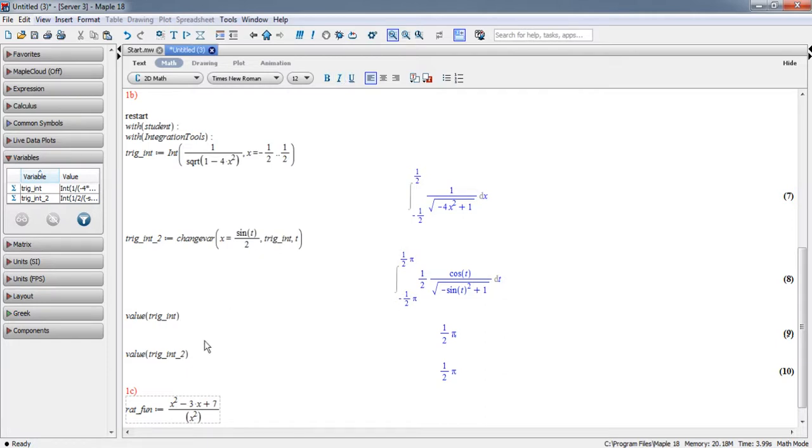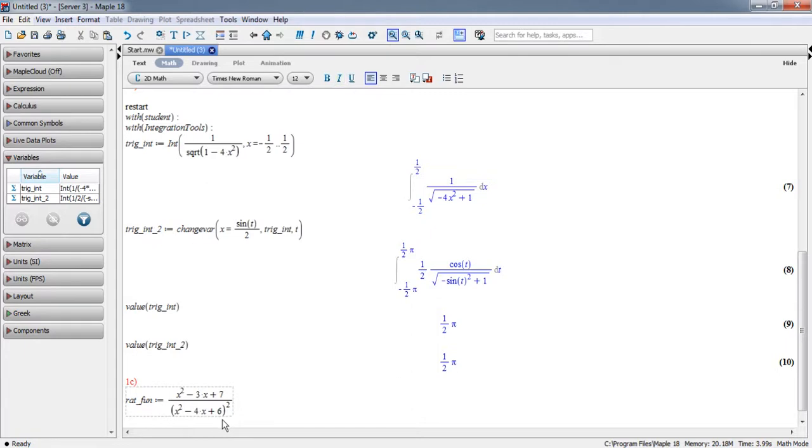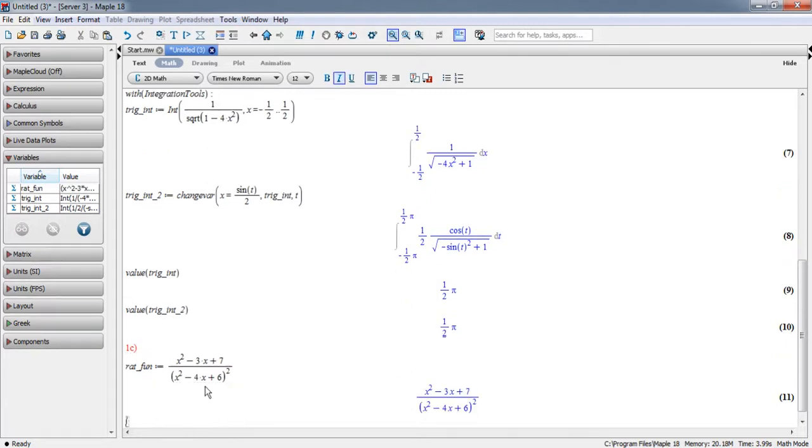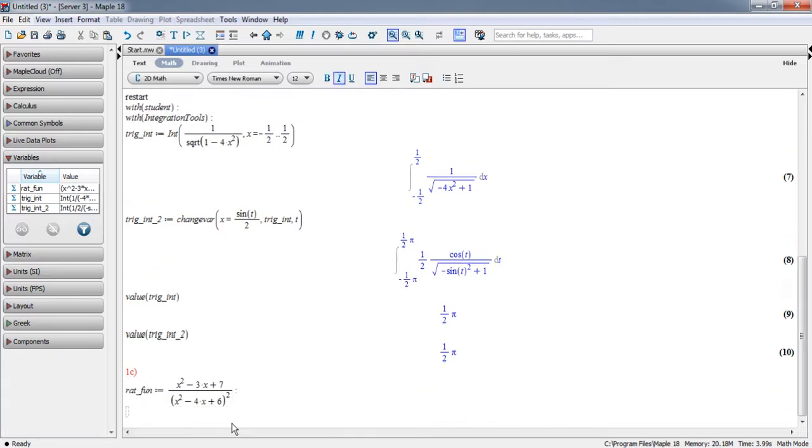So I hit 2 in my exponent. Now I'm going to hit over, and that'll push me back down into the base. There. And then this thing was squared. Okay, and I hit enter, and there's my rational function. I can suppress that so I don't have to look at it.